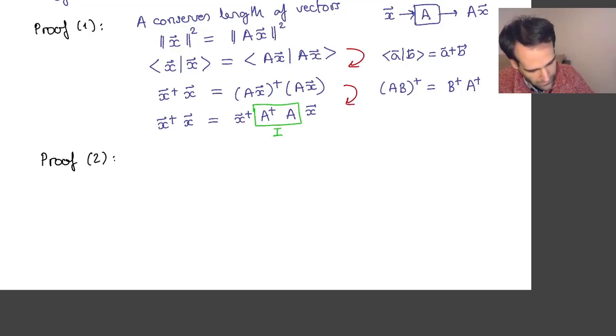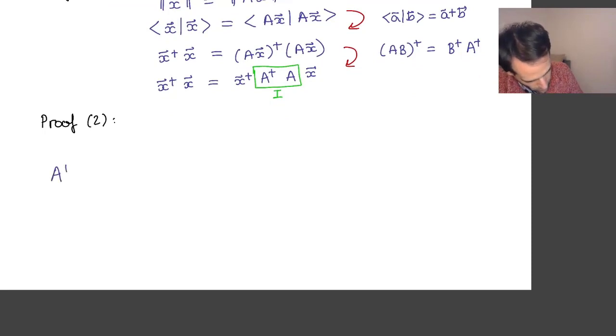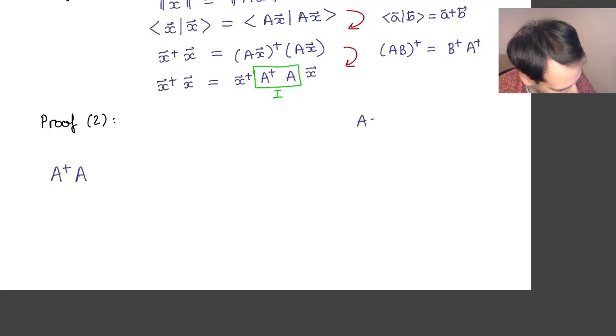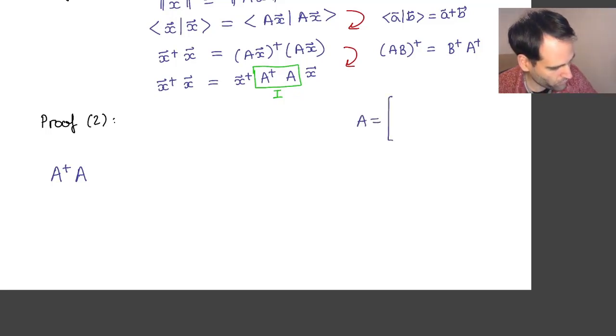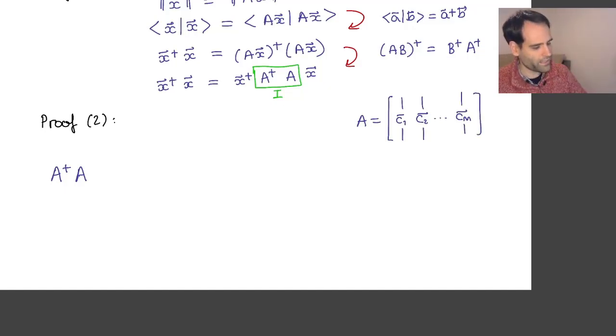So I'm going to write A dagger times A in terms of the columns of A. So let me clarify what I'm going to do. I'm going to write A as its different columns. So it has a column 1, column 2, all the way up to column M. Yeah, because A is an n times M matrix.